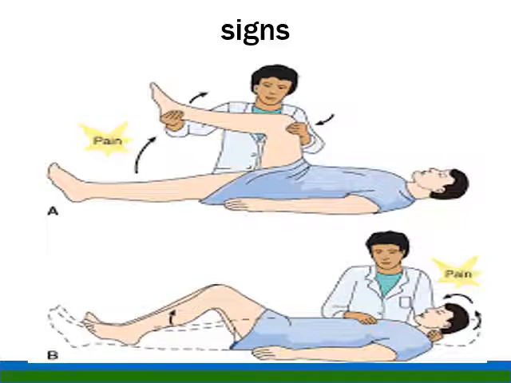Vice versa, if you flex the knees and hip, the neck also automatically gets flexed. Why? Because of meningeal irritation. These are two important signs, Kernig sign and Brudzinski sign. You should write and remember these during your examination and viva also.